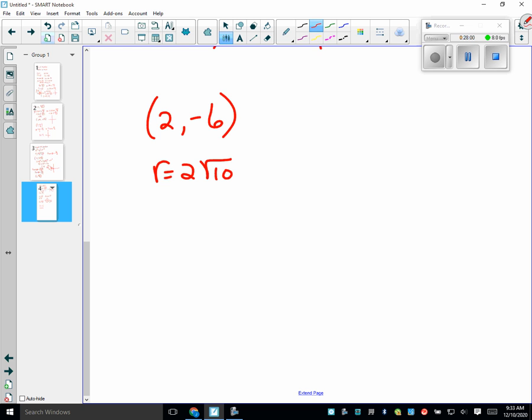What quadrant is this point in? 4? Everybody okay? So I need it to be down here, right? So is the tangent of theta equal to 6 over 2?